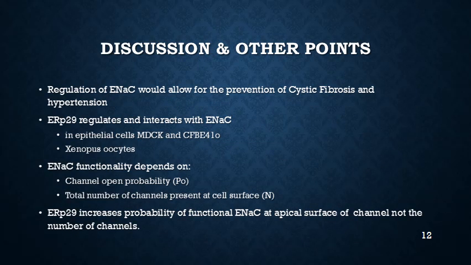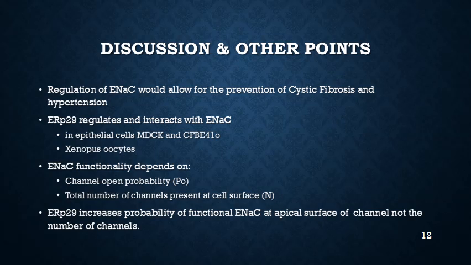So regulation of ENaC would allow for the prevention of cystic fibrosis and hypertension. ERP29 regulates and interacts with epithelial sodium channels in the cells MDCK and CFBE41 and in Xenopus oocytes, and these are the three types of cells where this experiment was performed by these researchers.